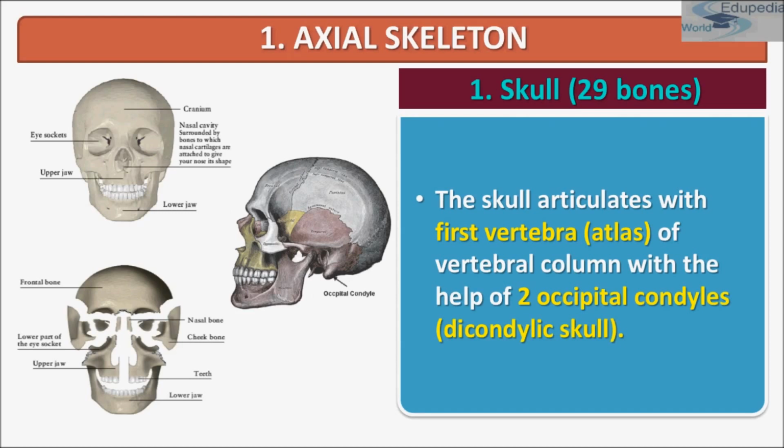The skull moves with the first vertebra of the vertebral column with the help of 2 occipital condyles. Occipital condyles we have already studied. This is the occipital condyle, and the first vertebra is present somewhere here. So the articulation of the first vertebra takes place with the occipital condyle.